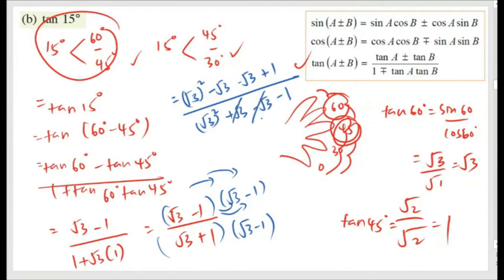Okay, this one becomes 0. So this one becomes 3. 3 minus 1 is 2. So the top is 3 plus 1, 4, 4 minus 2 square root 3. So after this, factorize 2. So 2 minus square root 3. So your final answer is 2 minus square root 3. This is your answer.